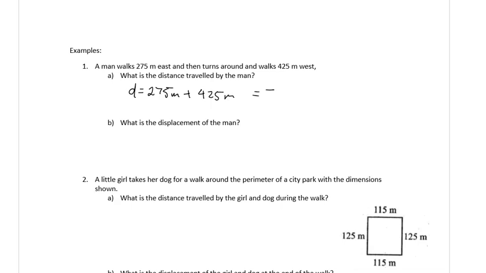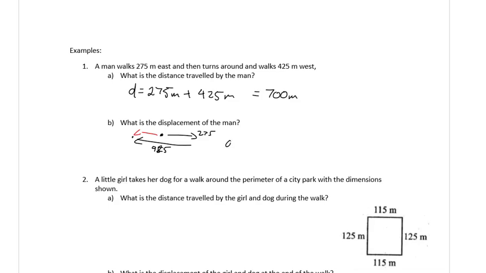That is a total of 700 meters. But if we talk about the displacement of the man, he started here, he went 275 meters east, he went 425 meters west, so his displacement is actually only from here to here.